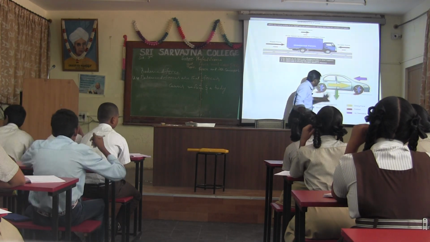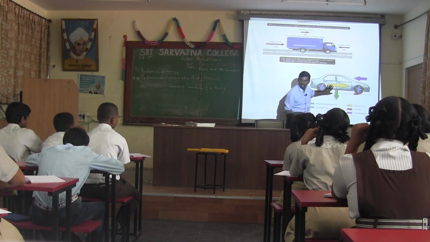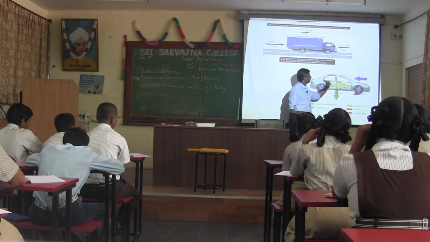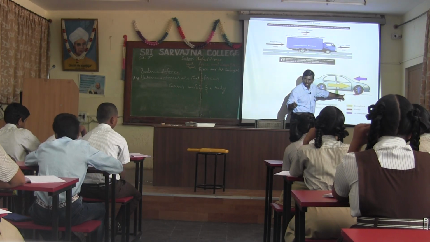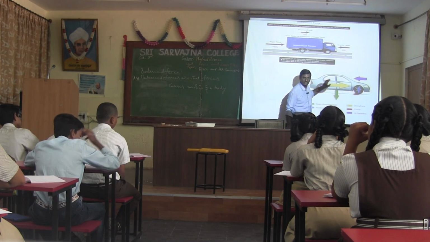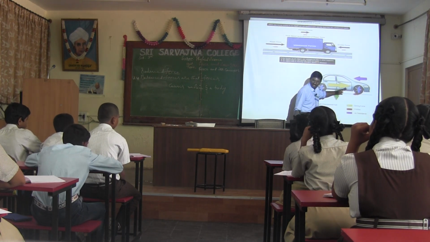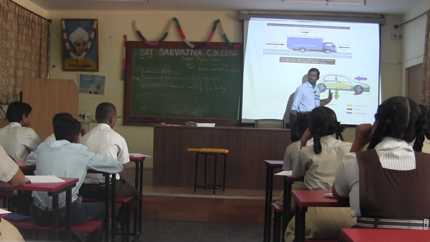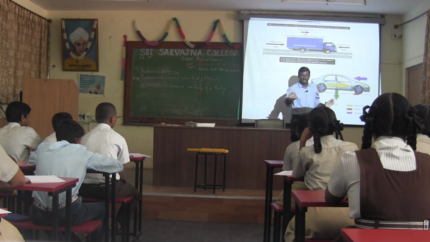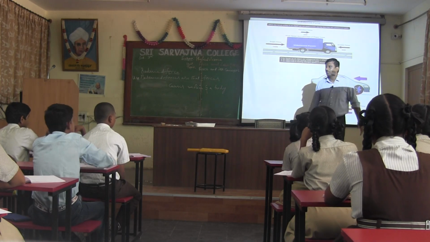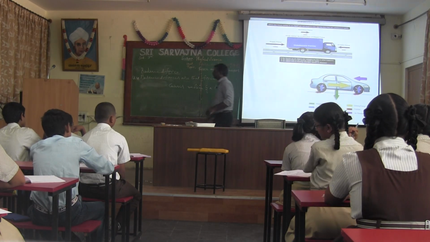When the car is at rest, the resultant force is 0. Suppose you give accelerator, then the car starts to move. That means it is unbalanced. You understand balanced and unbalanced? Look at the examples also.